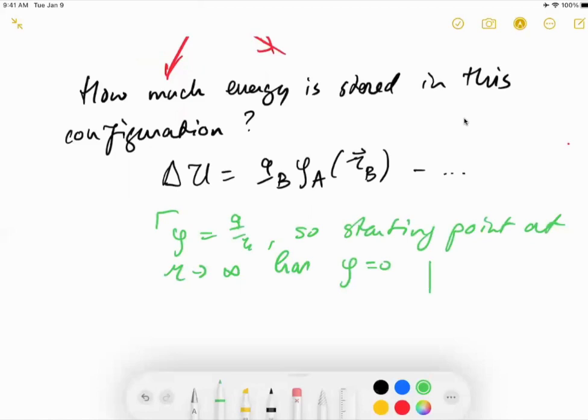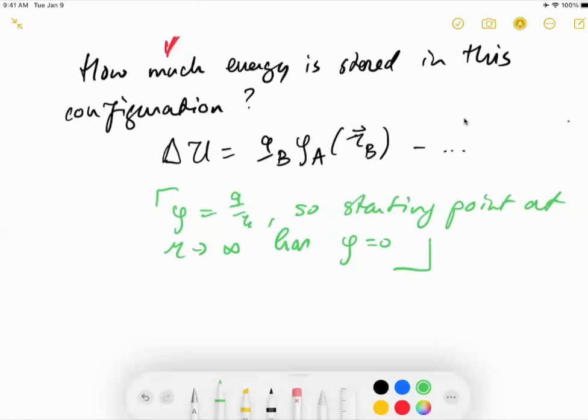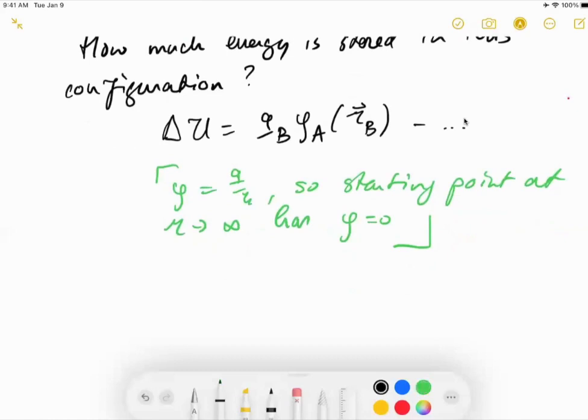It doesn't always work. For instance, there are certain configurations, like charged cylinders, where you actually get a divergence. If you go there, you need to pick a different reference point. But let's keep things simple.